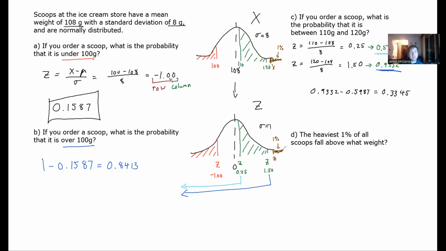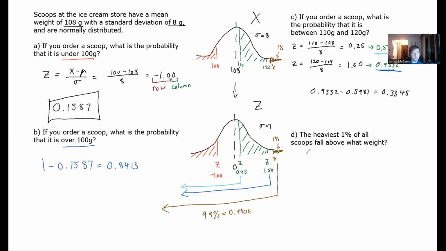We want the heaviest 1%. So we want this 1% to be over a certain amount. So that's not going to be what we want exactly. What we're going to look up on the table is the area to the left. What's the area to the left? Well, if there's 1% on the right, there must be 99% on the left. So we got our 99% on the left.